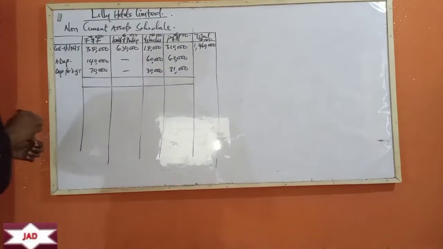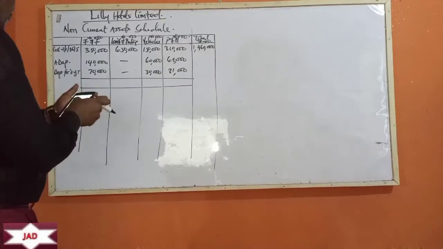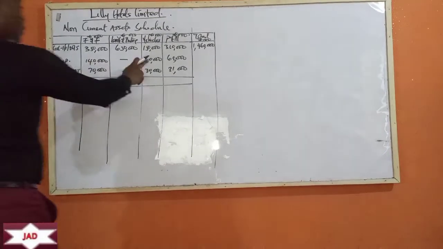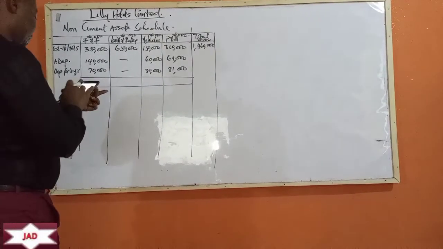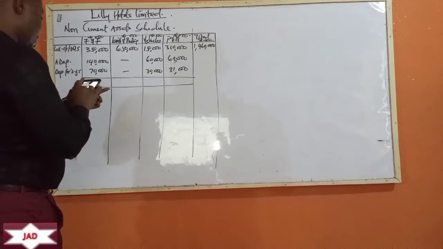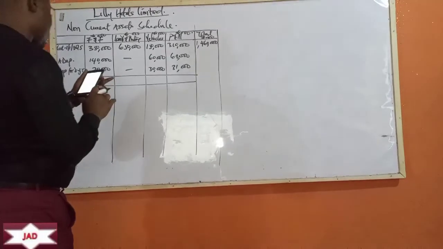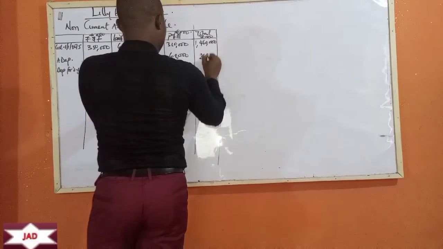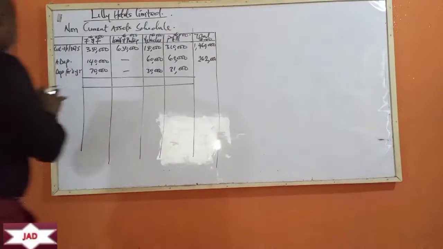So we have 140 plus 60,000 plus 62,000, which gives 262,000. What about this?